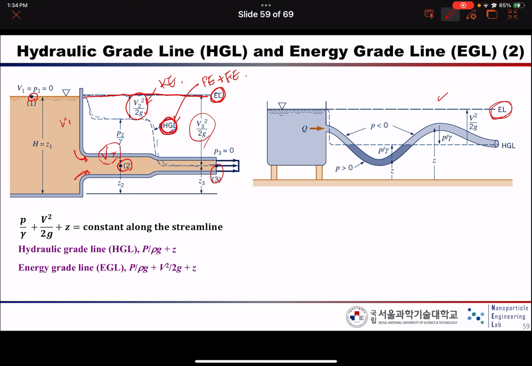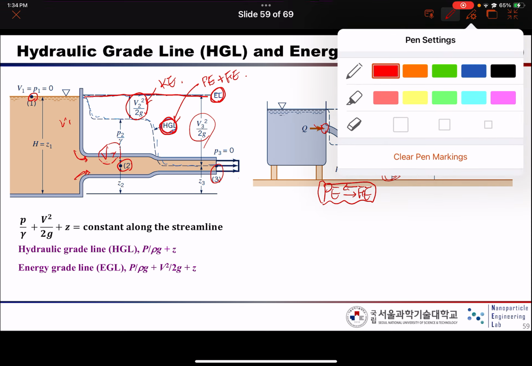The energy line is always constant, but the hydraulic grade line changes because of this nozzle. The other part does not change the hydraulic grade line because the potential energy and flow energy are interchangeable within this kind of flow.